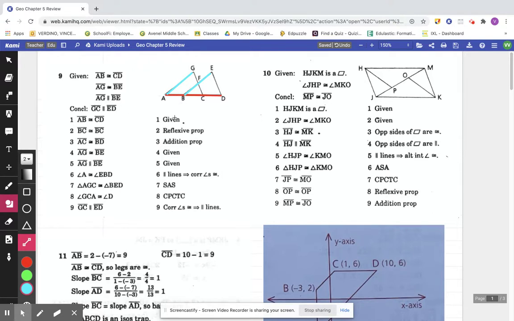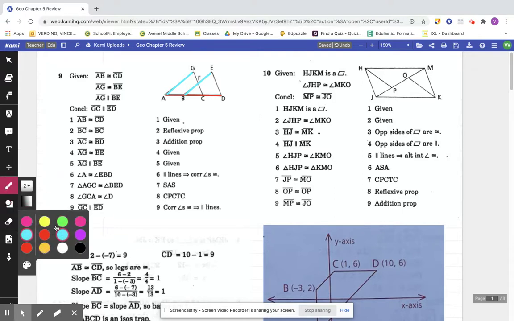So based on those pieces of information, we can go ahead and say that the measure of angle A, or you could say GAC, is congruent to the measure of EBD, or just you could say B. And that's based on the fact that if you have two parallel lines, their corresponding angles are also congruent.